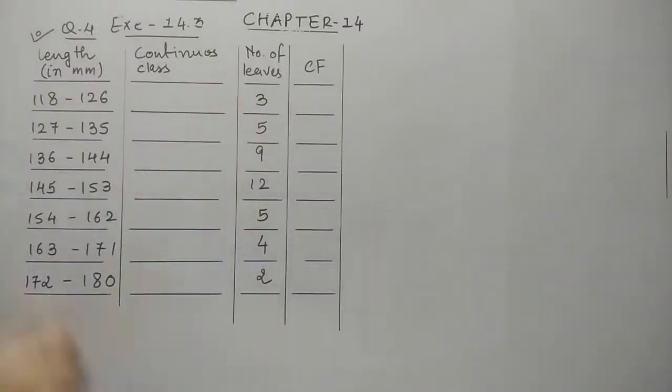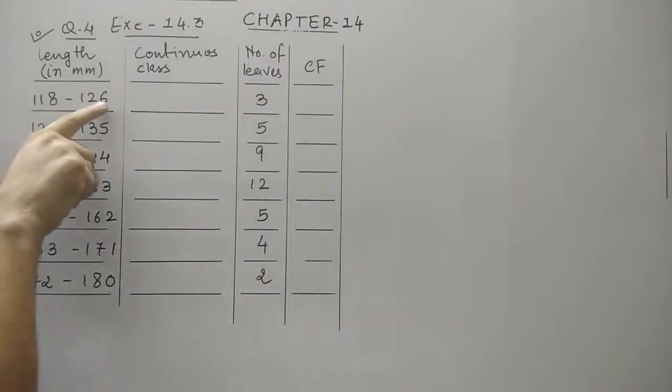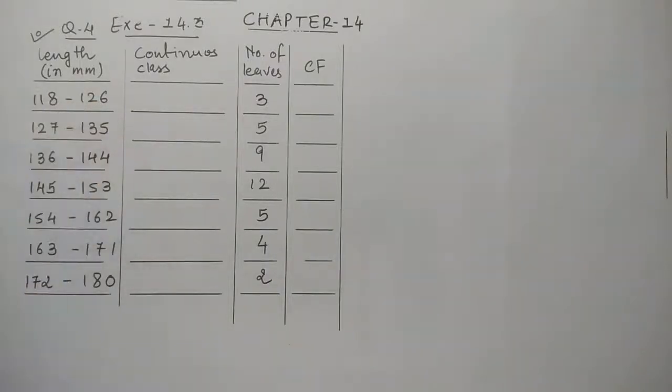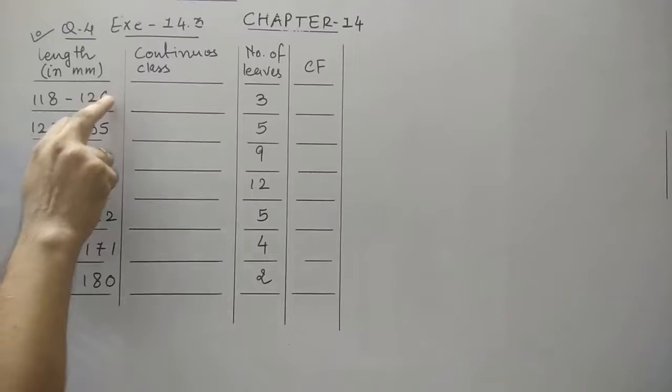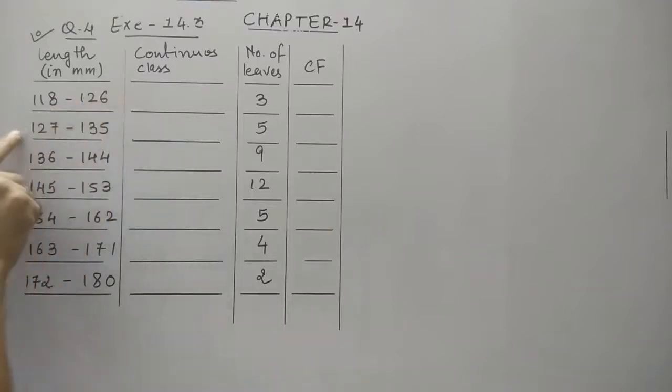Now you can see that in the data it's 118 to 126 and 127 to 135. So we can see the upper boundary and the lower boundary should be equal. As they are not equal, let's make them equal, as we have already discussed in the 9th standard, how we can make the continuous class.